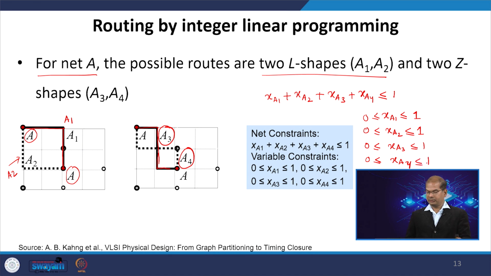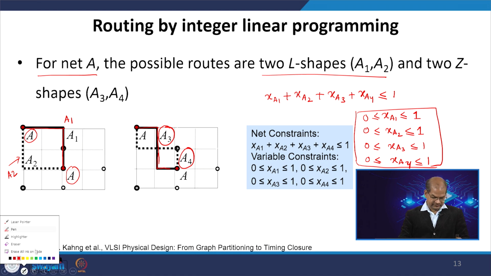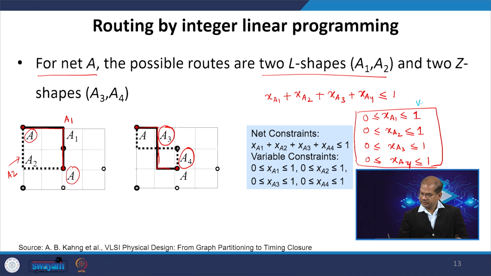These are the variable constraints, because one of the routes is 1 and the rest will be 0. And this is basically your net constraint.